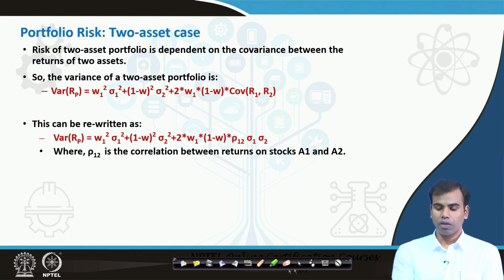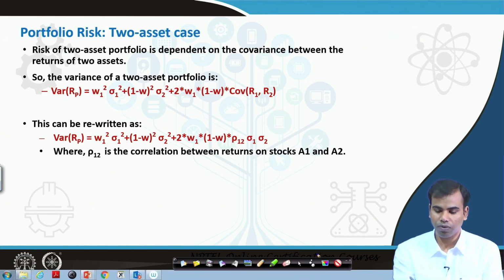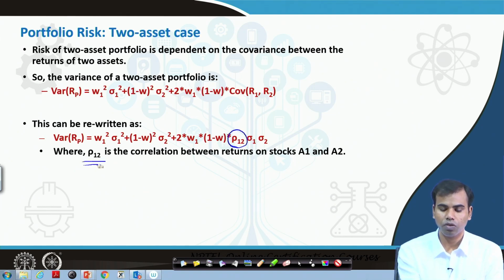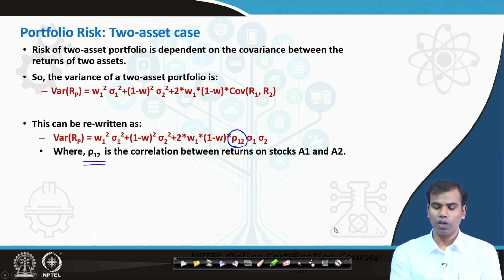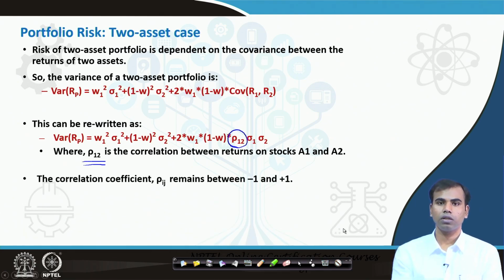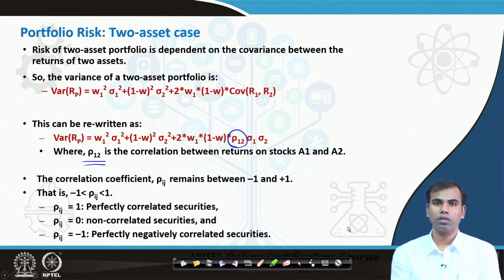If you see, the factor that we have here is in terms of rho, which is basically the correlation between return on asset A1 and asset A2. That is where we can use this relationship between the two assets, as it spans from -1 to +1, which means the two assets are extremely negatively correlated, extremely positively correlated, or anything in between.